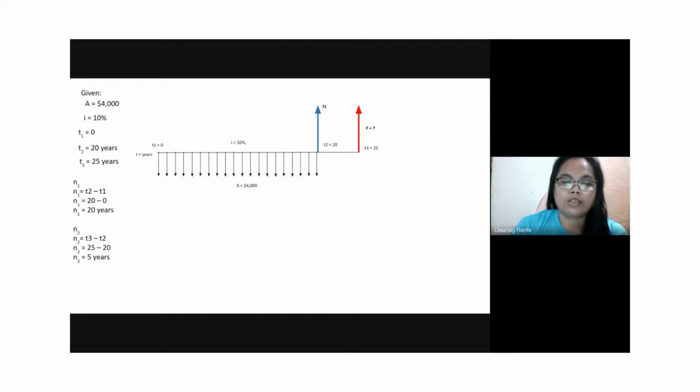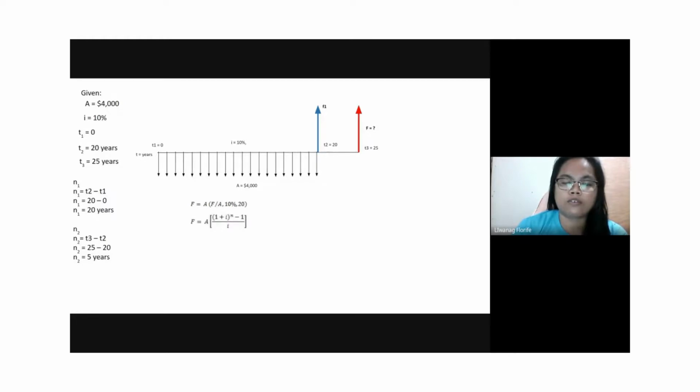So we have here, first, we project the total value of annuities at the end of 20 years, F1. So we identify F1 as given the annuity. So we have F is equal to A times (F/A, 10%, 20).